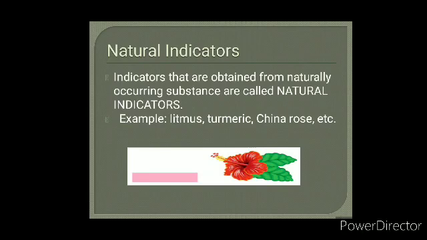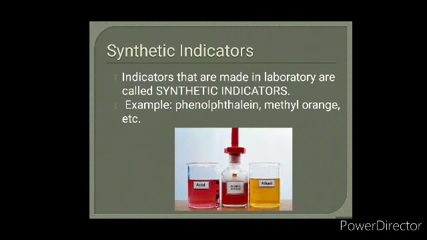Example, litmus. Litmus is extracted from lichen, turmeric, Chinarose, etc. Next is synthetic indicators. Synthetic indicators are those indicators which are prepared in laboratories from chemicals. Examples are phenolphthalein and methyl orange.